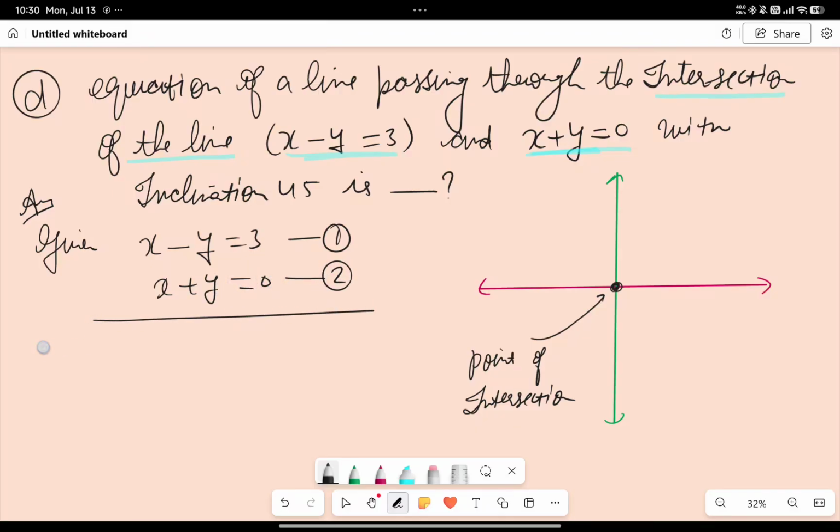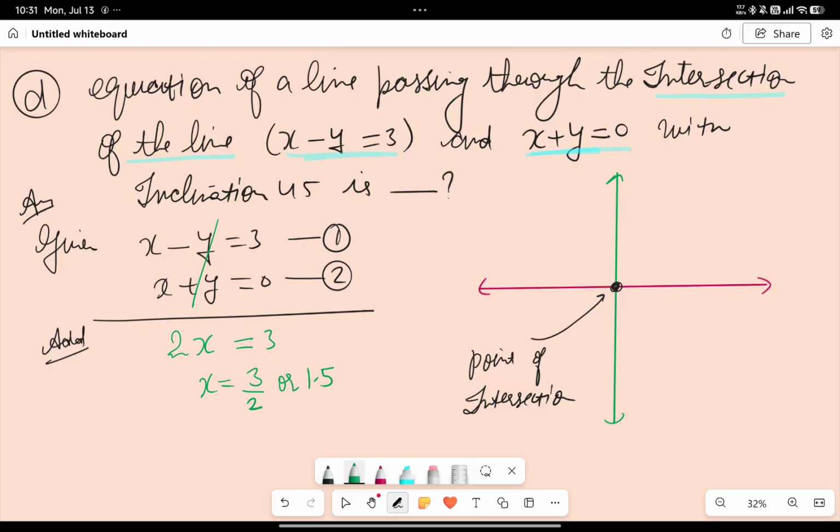Why don't we add them? When you add, you find that y is cancelled out, x plus x is 2x equals 3. Then x comes out to be 3 over 2, or I can say it as 1.5.